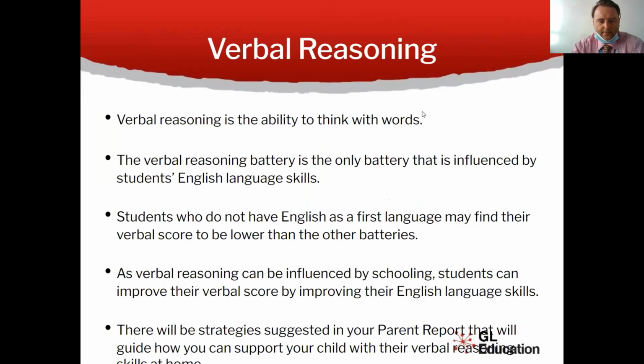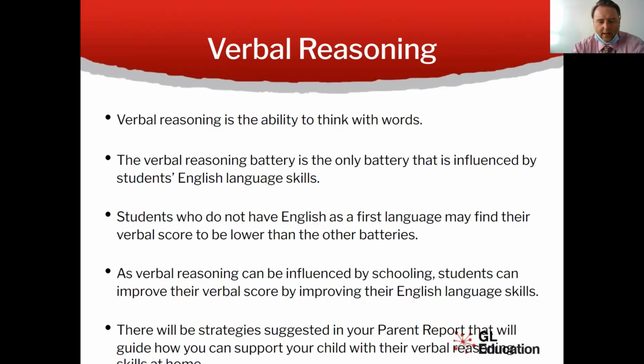Verbal reasoning. Verbal reasoning is the ability to think with words. The verbal reasoning battery is the only battery that is influenced by students' English language skills. Students who do not have English as a first language may find their verbal score to be lower than the other batteries. This is, of course, because they may not be exposed to speaking English so much.